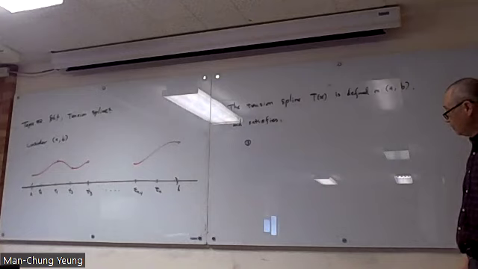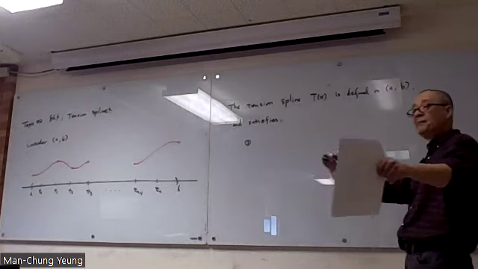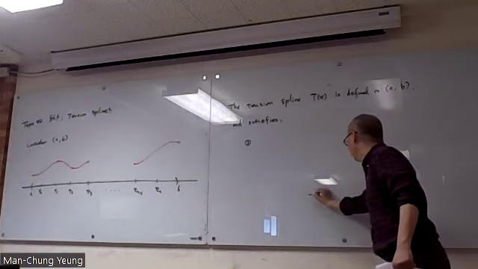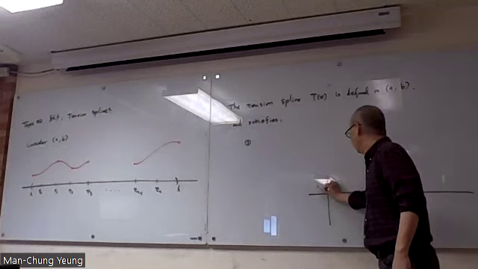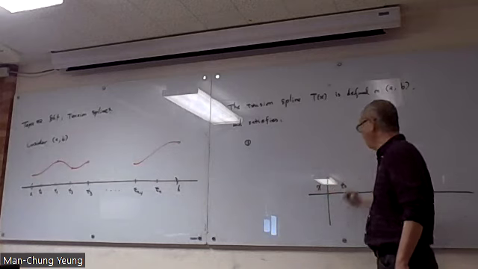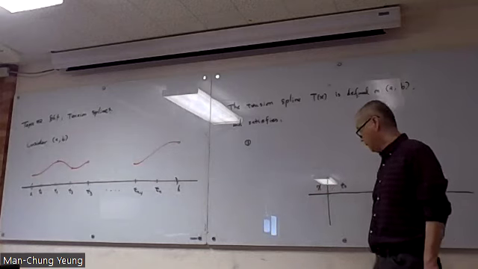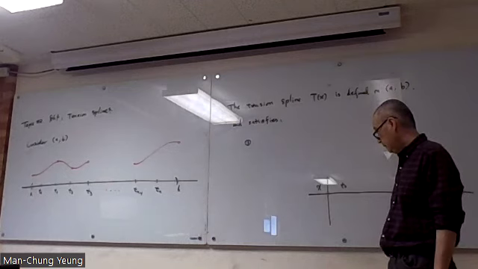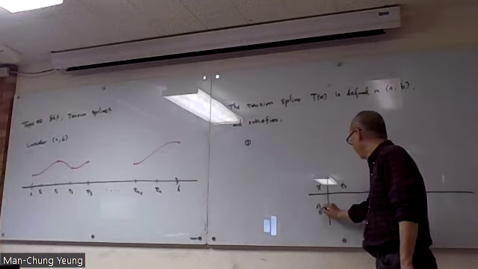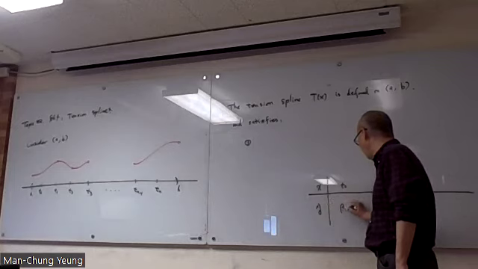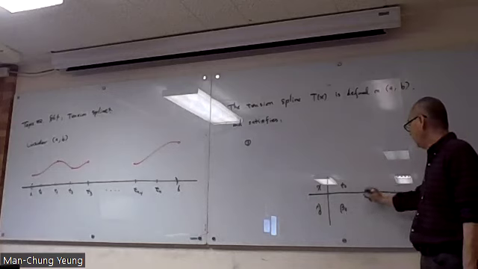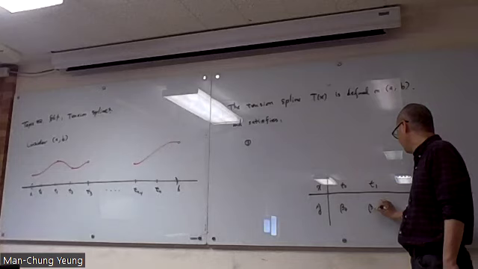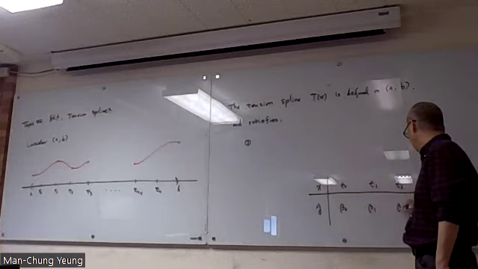I need to give a table. Let me give a table. X, in the first row, I require the tension points t0 with value beta 0, t1 with beta 1, t2 with beta 2.